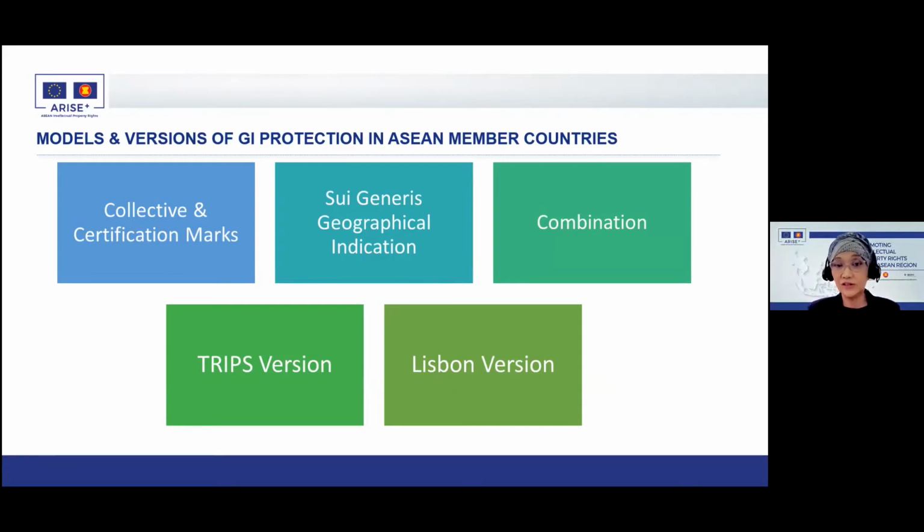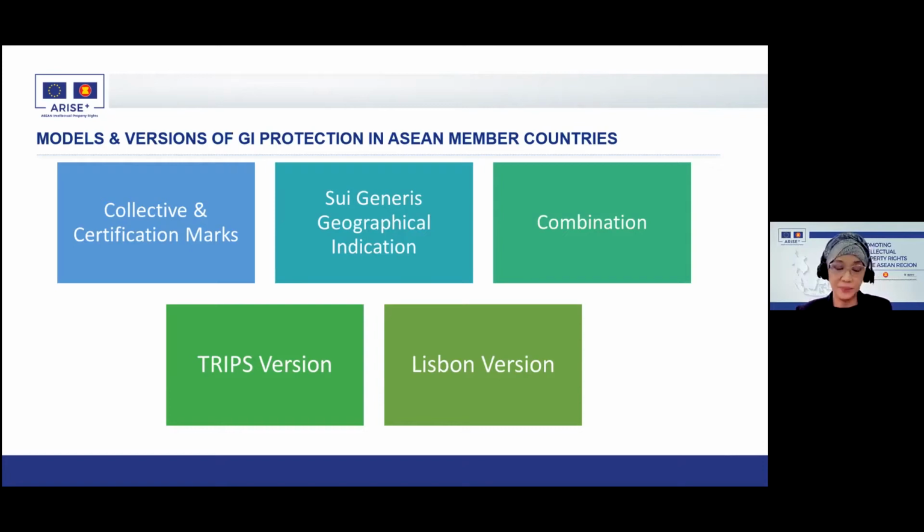It is because in TRIPS, actually, there is no obligation to regulate or protect geographical indication in a certain way. Unlike copyrights or patents, the way we protect copyright or patents according to TRIPS is clearer, more homogeneous, more unified, rather than protections of GI.